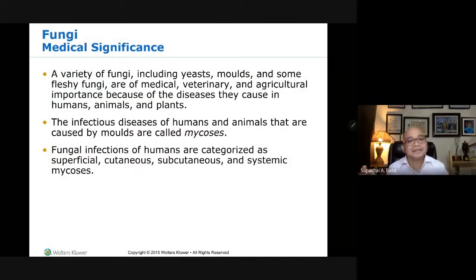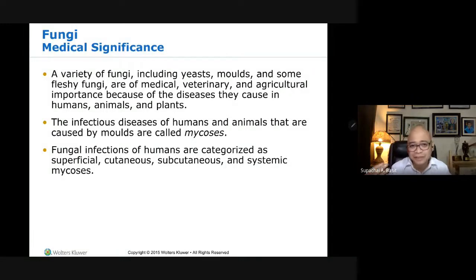Okay, let's talk about medically important fungi. A variety of fungi, including yeast, molds, and some fleshy fungi, are medically important, and also important in veterinary medicine and agriculture, because they can cause diseases in humans, animals, and plants. But of course, our concerns are humans.